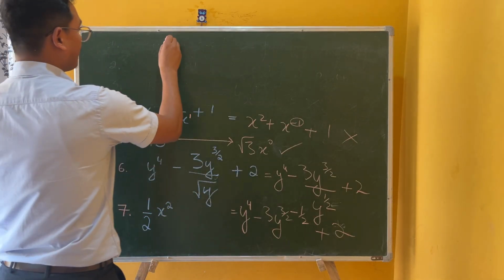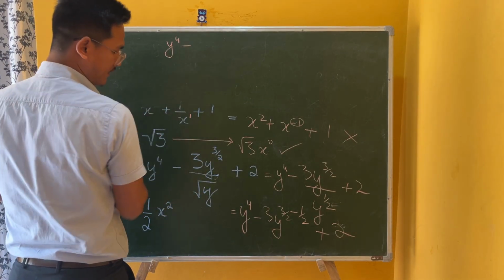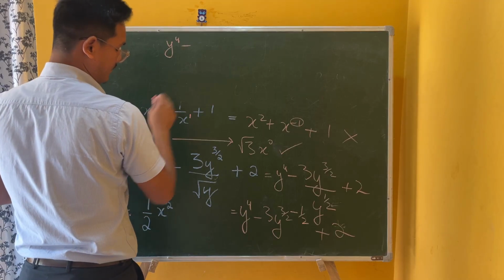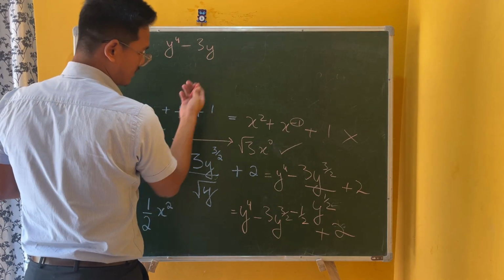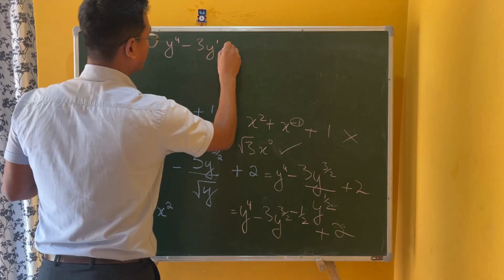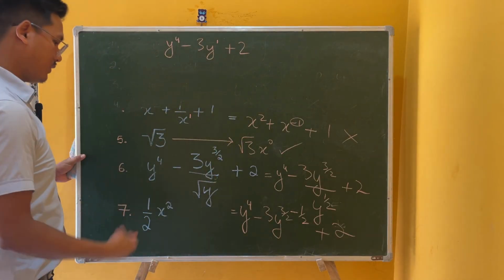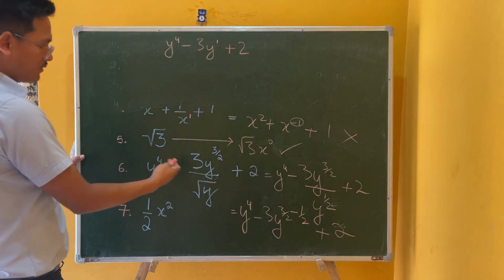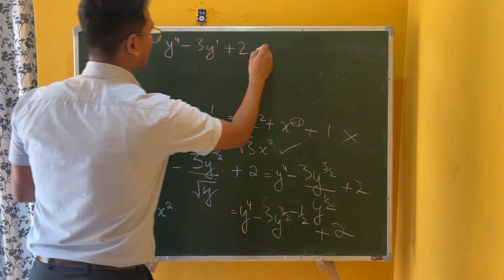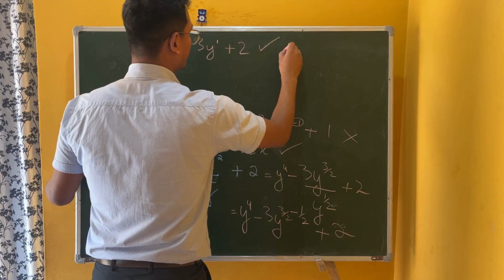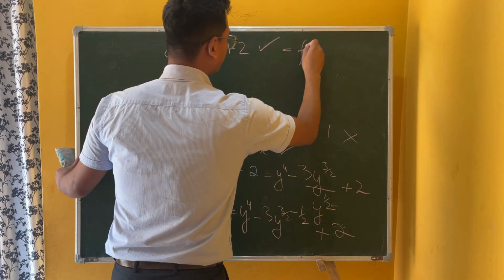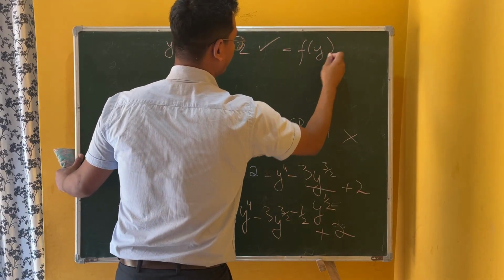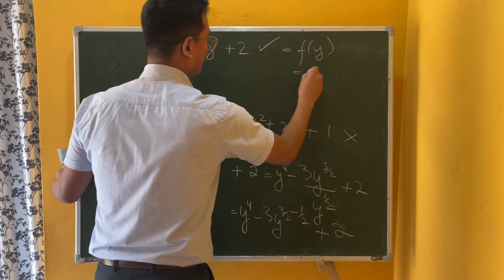So this is y^4 minus 3y, y to the power 1, plus 2. So you saw that this strange looking expression is also a polynomial in one variable, that is y. So we can say it is made up of y, so f of y or p of y, k of y, q of y.